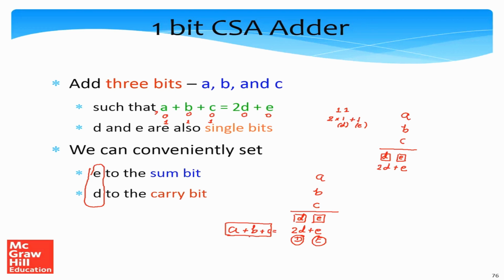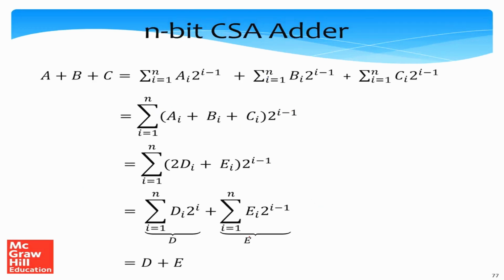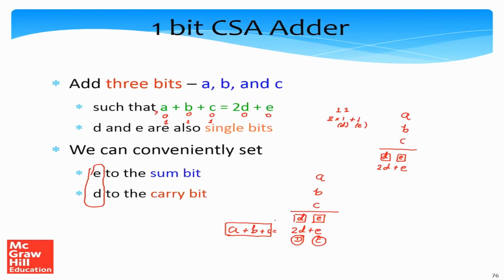At the moment, A, B, and C were only 1 bit each, so let's consider wider versions of A, B, and C. Let us do a little bit of algebra to compute two numbers D and E, such that A plus B plus C is equal to D plus E. We'll use the same logic that was used here and just extend our results.